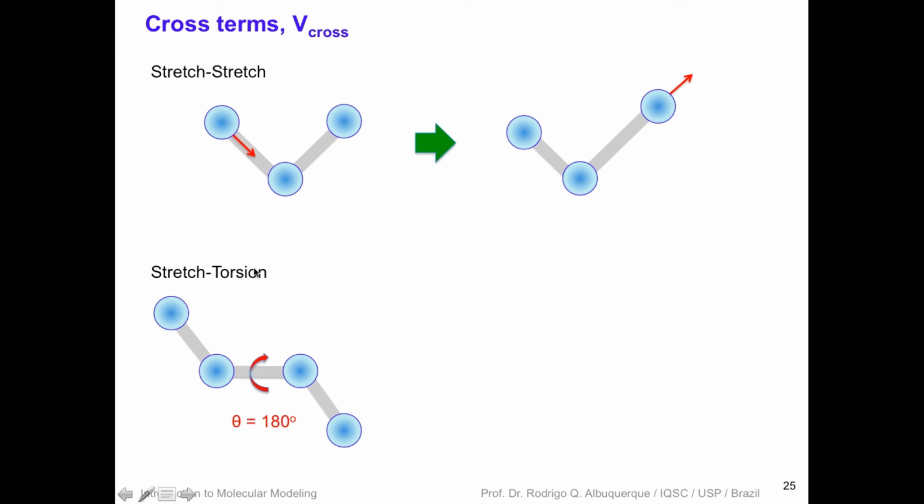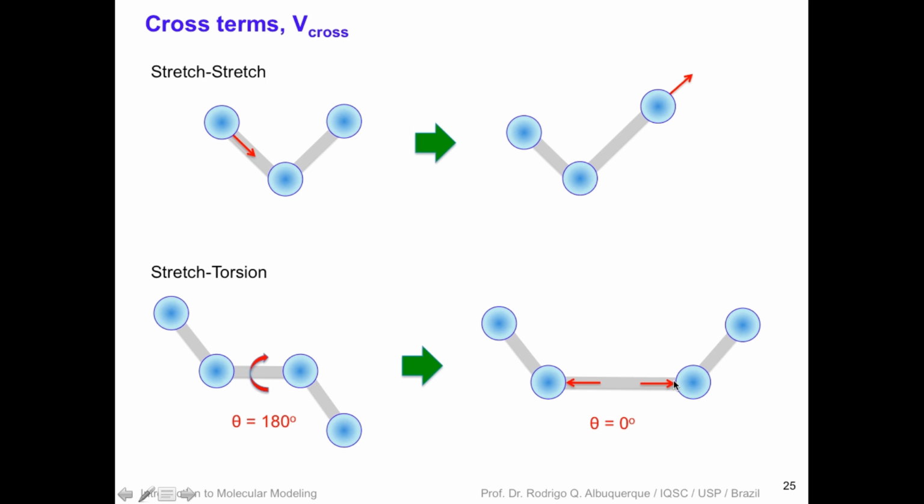Another cross term is the stretch-torsion. Let's imagine we have four atoms here and we are going to rotate around the central bond. Right now the torsion angle is 180, but let's rotate to decrease the torsion angle to 0 degrees. What would happen? This atom and this atom would be closer to each other, and in order to minimize the repulsion, the central bond would be extended as shown here.